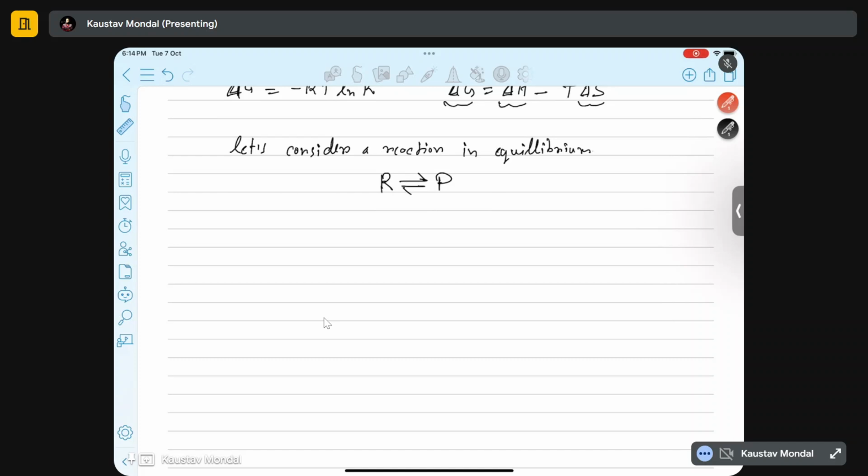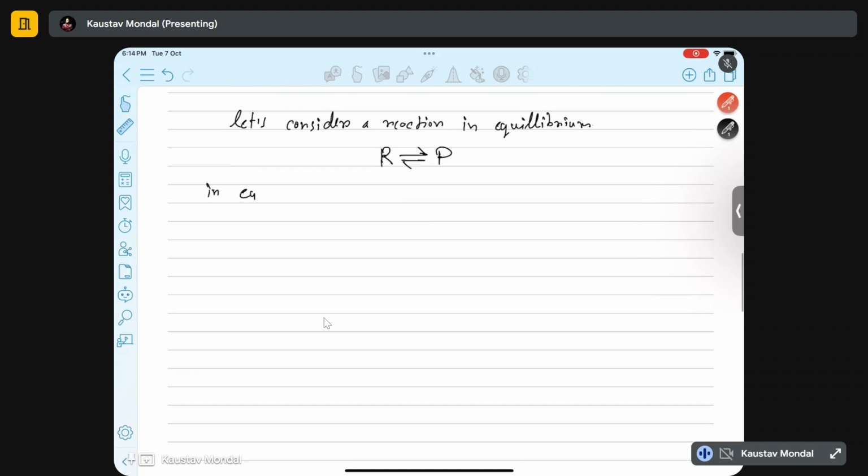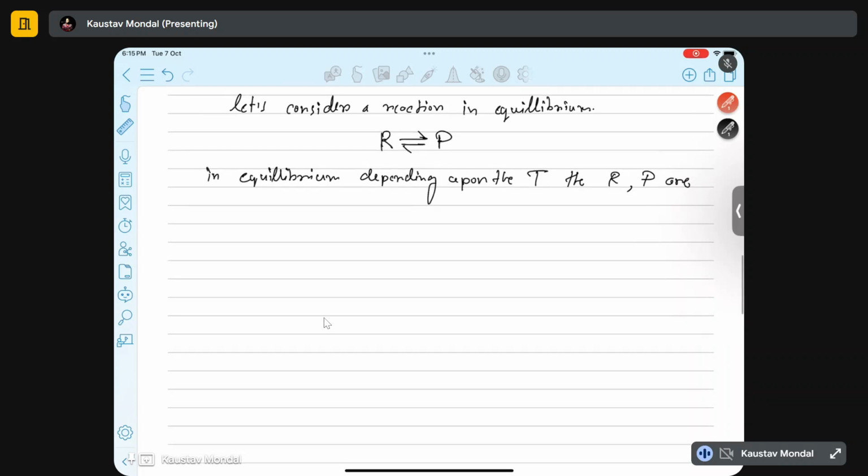Now in equilibrium, depending upon the temperature, the reactants and products basically attain a Boltzmann distribution among the accessible states, right? So that means it looks like this.